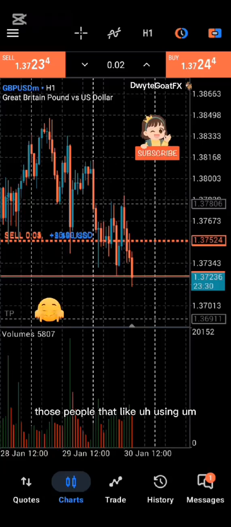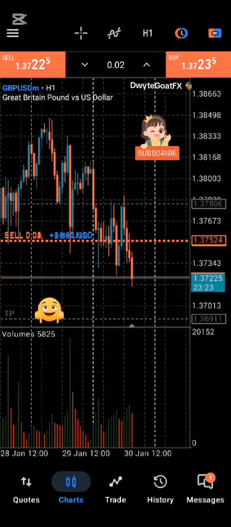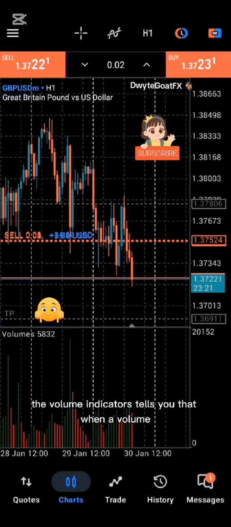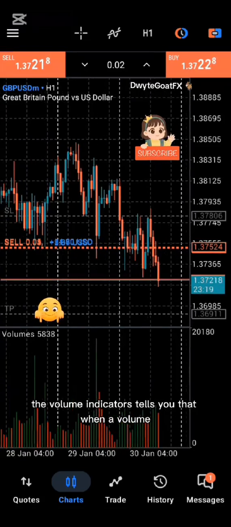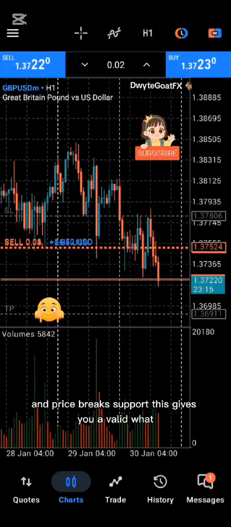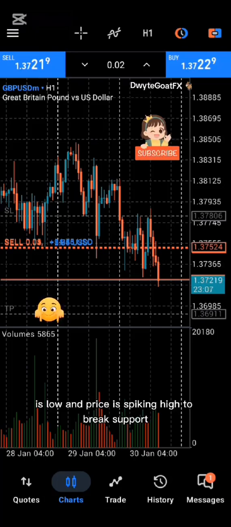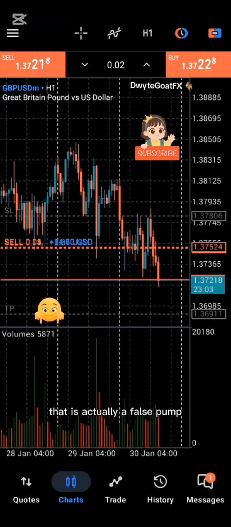Those people that like using the volume to trade support and resistance, the volume indicator tells you that when volume rises and price breaks support, this gives you a valid breakout. But when the volume is low and price is spiking high to break support, that is actually a false pump.